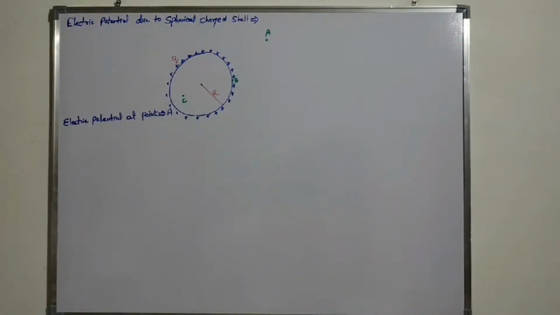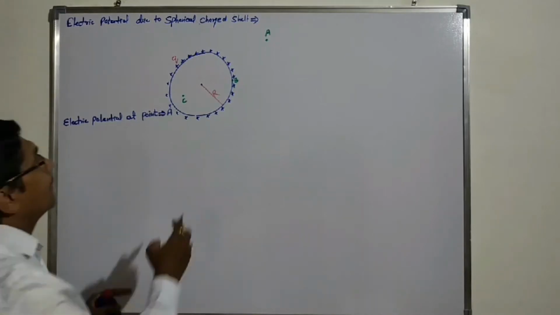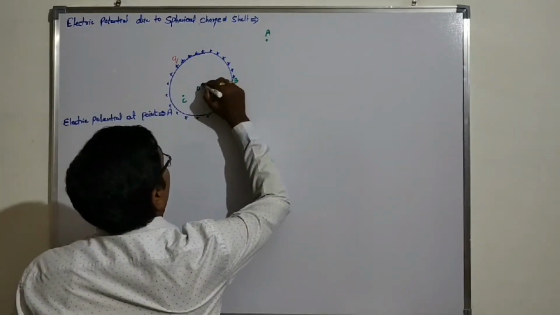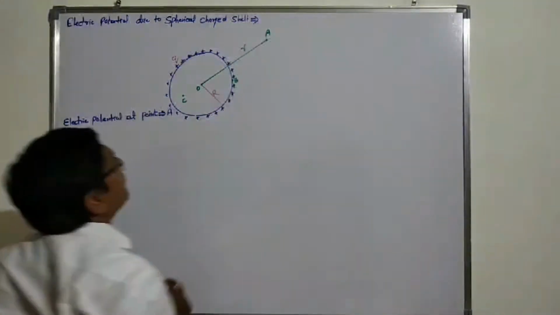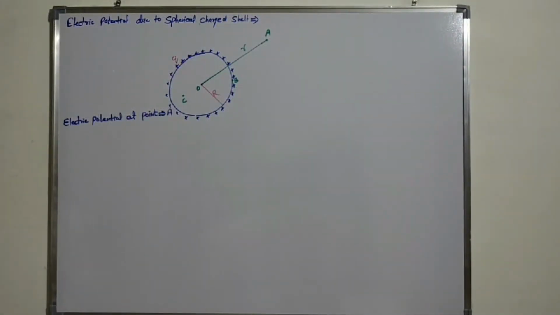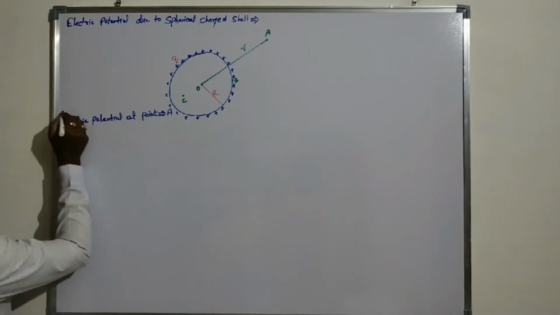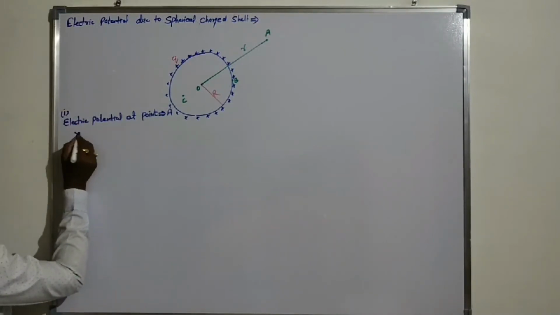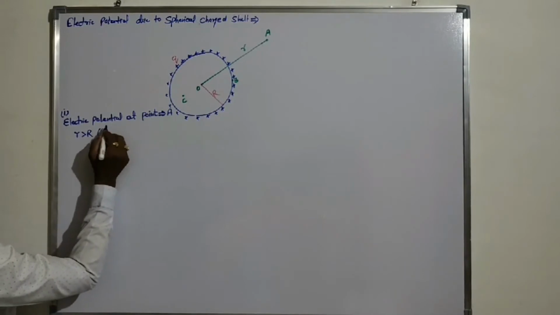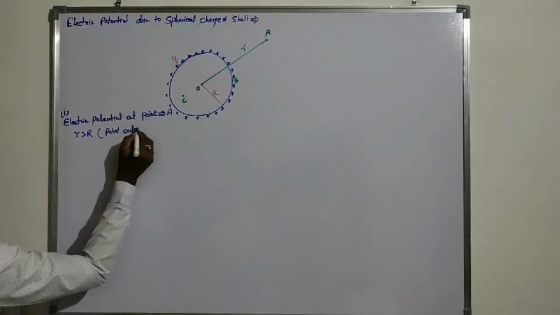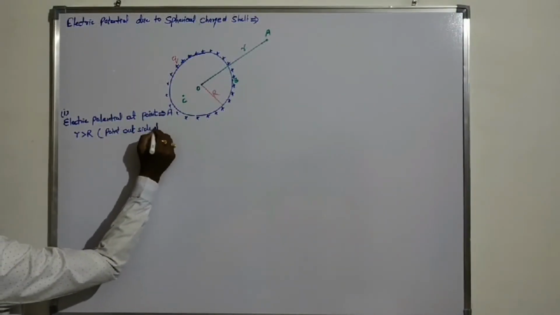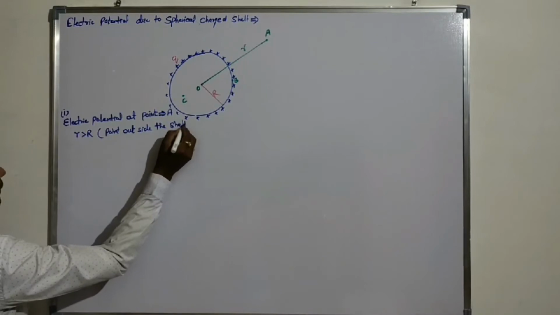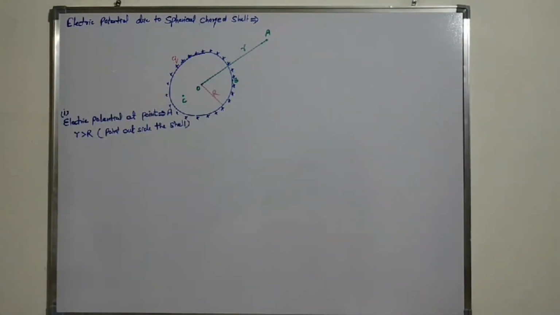Point A is at a distance r from the center, and this is the first point, so we can say r is greater than R. That means the observation point is situated outside the shell, where we can find the potential outside the spherical shell.